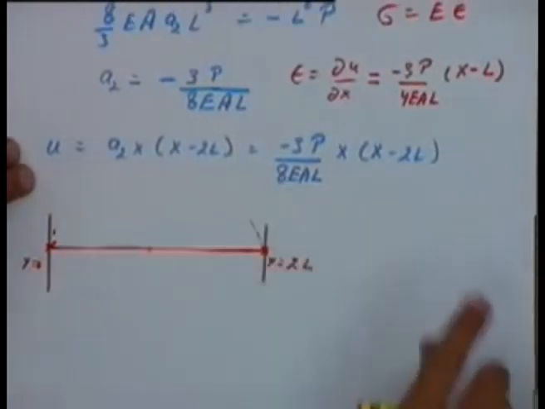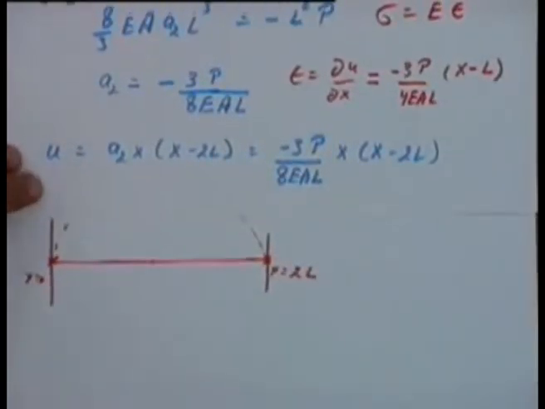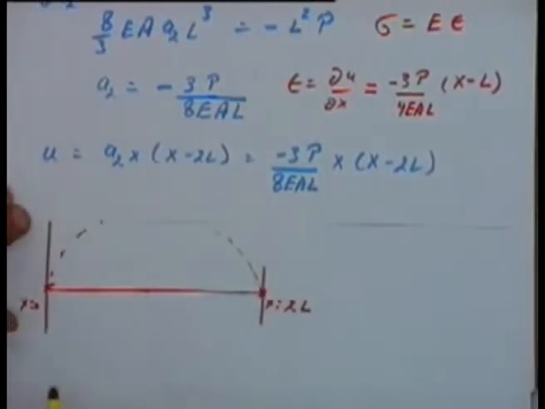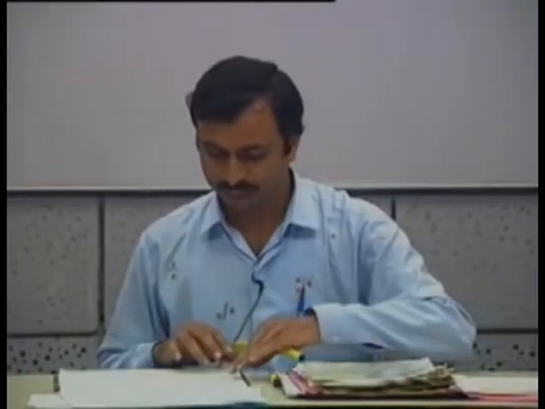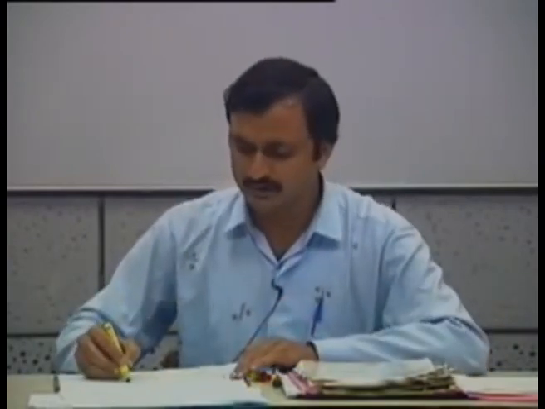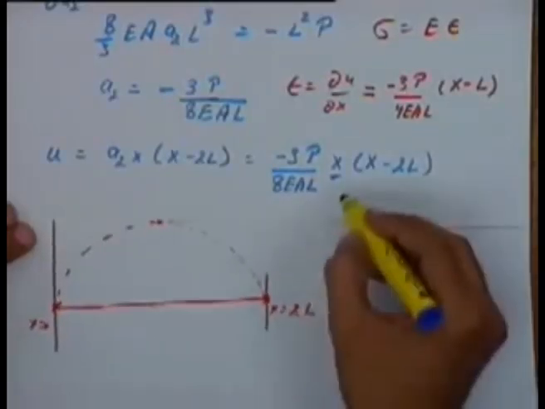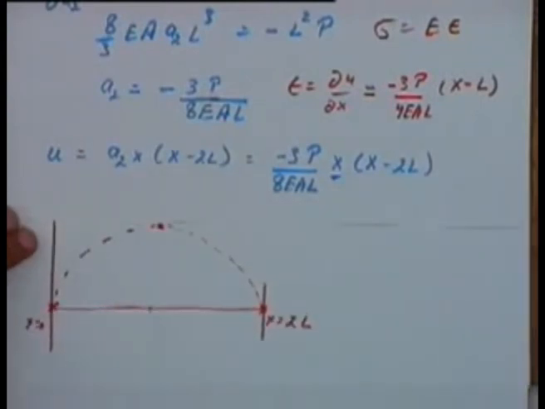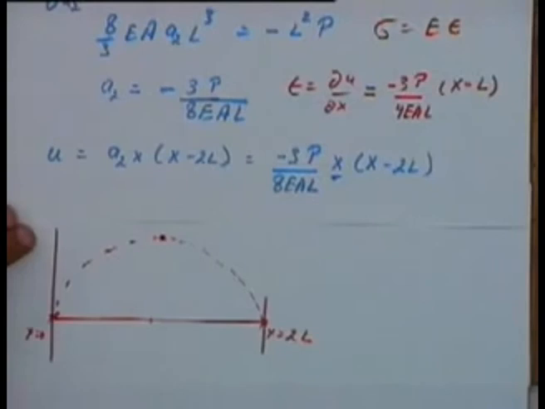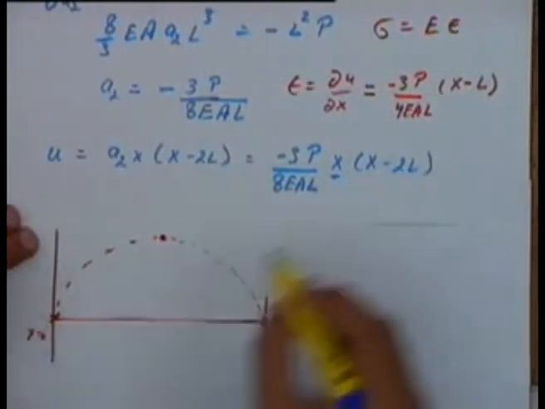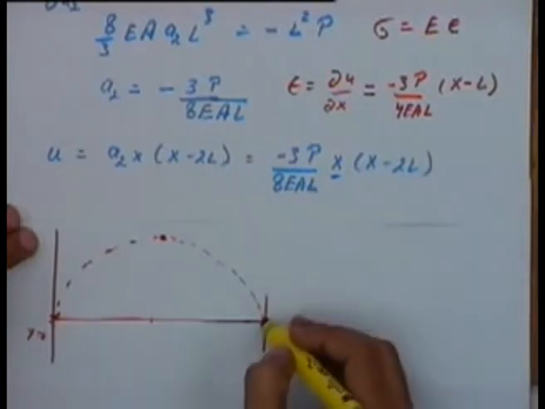This is the equation you have. From this equation we put x equal to 0. You have x over here, it's not multiplication, it's an x. So if x equal to 0, deformation becomes 0. If x equal to 2L, this term is 0, so deformation comes out as 0.